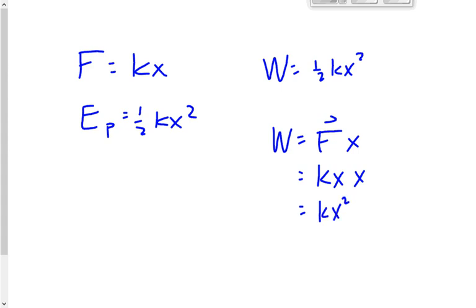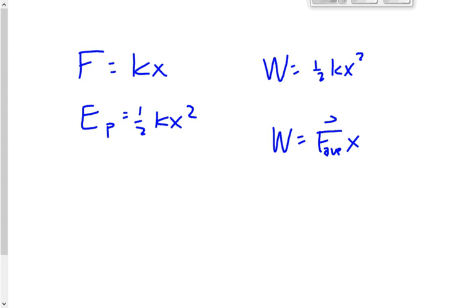Where's the mistake? The force is changing. This F that we have to sub in here is not a constant force. It ranges from 0 to F, from 0 to the max force. The average force, which is really what we care about right here, is 1/2 of the maximum force.